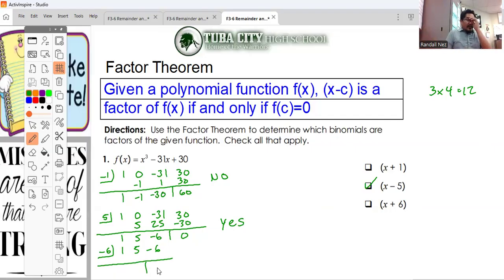Fewer numbers should go by a little bit quicker, because we just have to bring this down and multiply it by the number in the window. 5 minus 6 is -1. 6 times 1, because we ignore the negative, and that should cause there to be no remainder, which in this case would also mean that yes, this is also a factor. So check all that apply. If there's 2 of them, we're going to check 2 of them. All right, there you go.